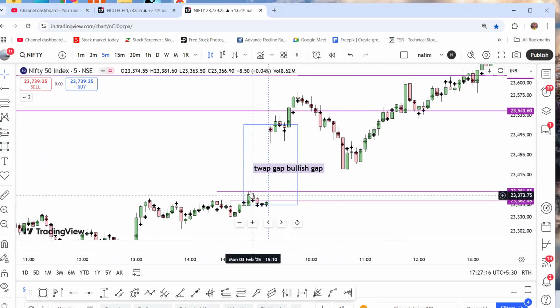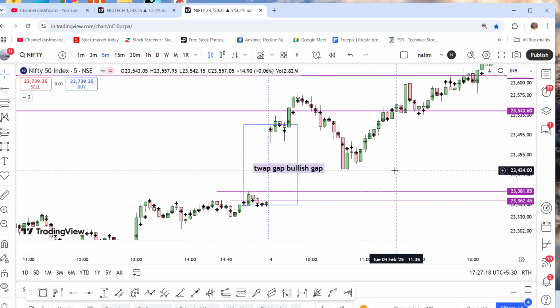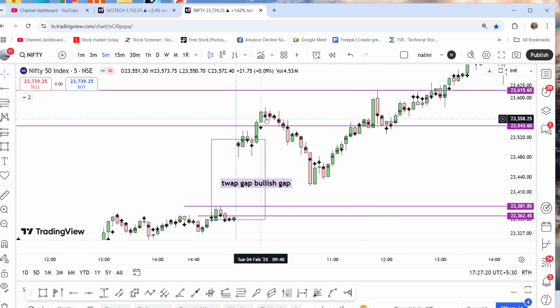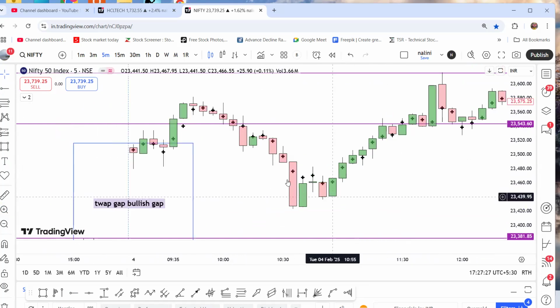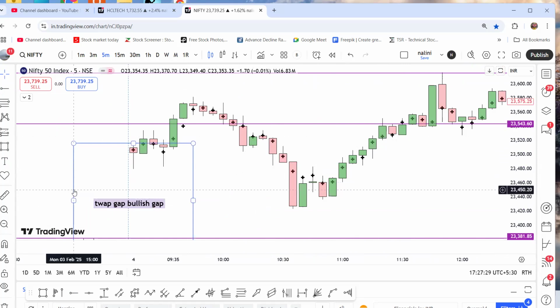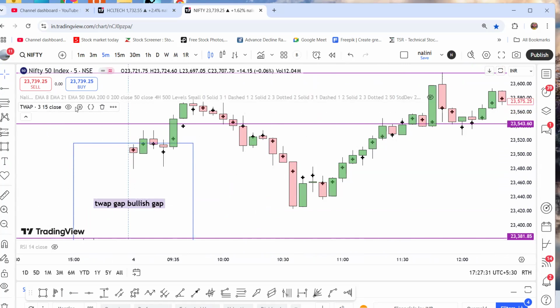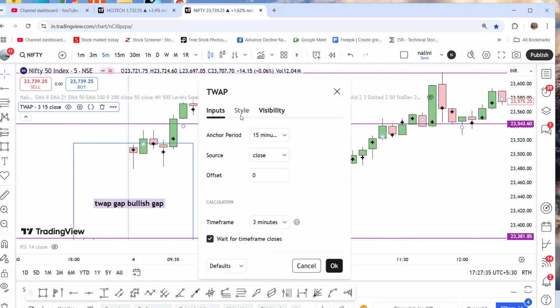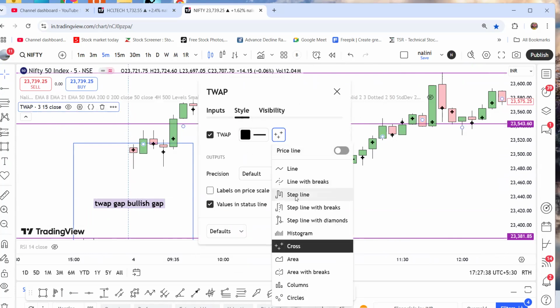So you know all these levels in the market. When price started coming over here, you can carefully see. If I join the lines, or if I make TWAP into a line, let me make it a line chart.